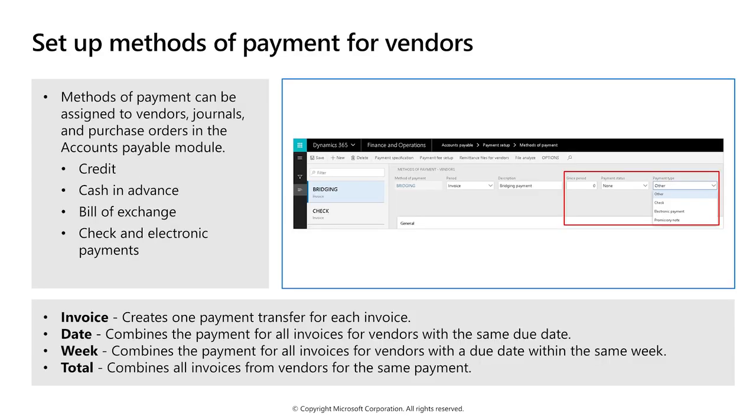Many companies offer several methods to pay due invoices, such as credit, cash in advance, bill of exchange, check, or electronic payment. When we set up a payment method for a vendor, we can enter the number of days that are added to the cash discount date or the due date to define the broadest period of time in which a cash discount could be obtained.